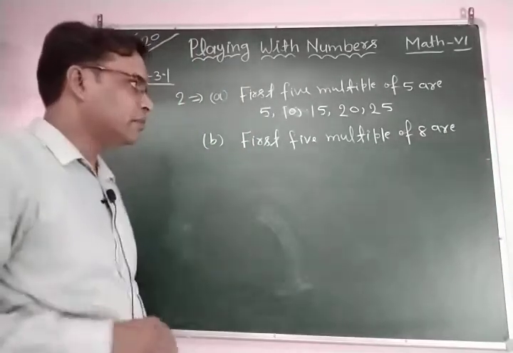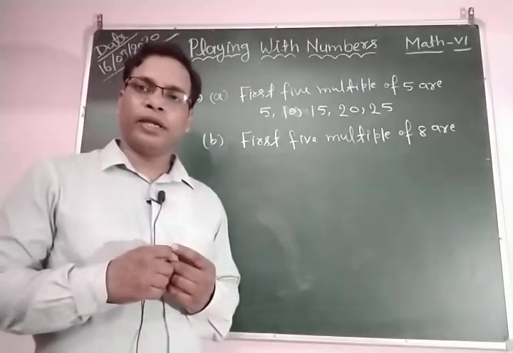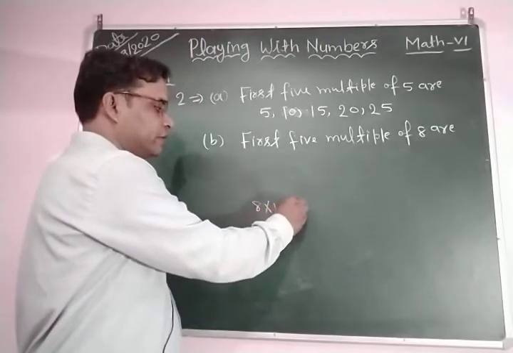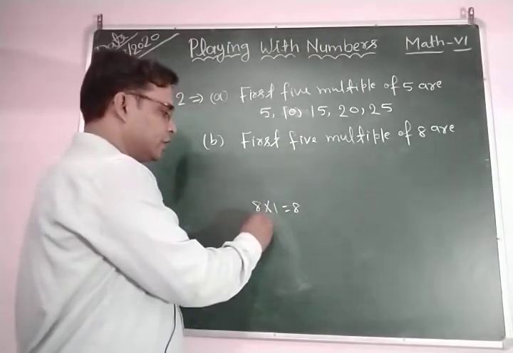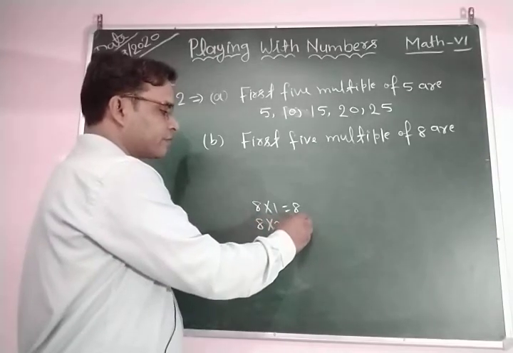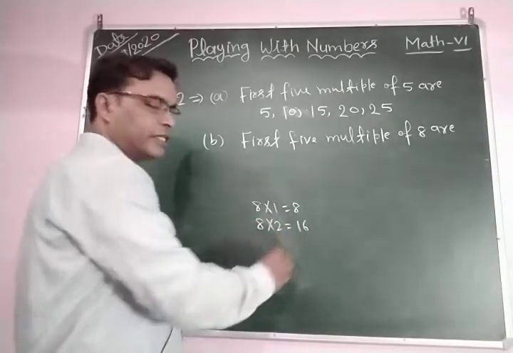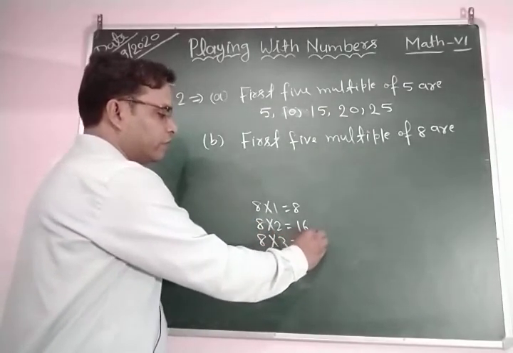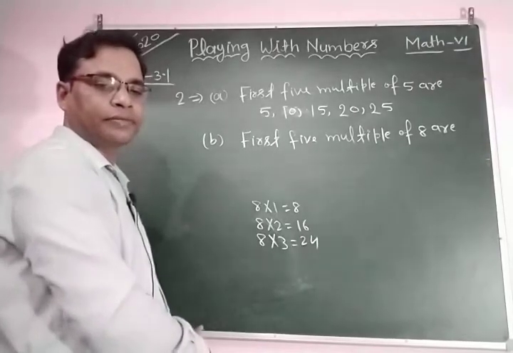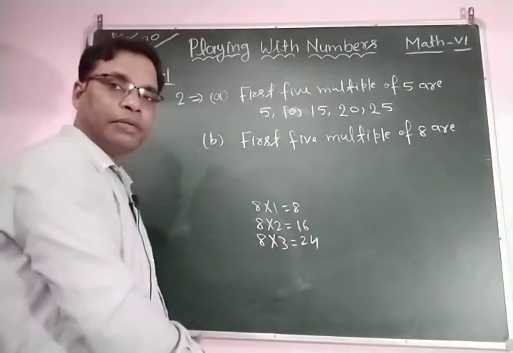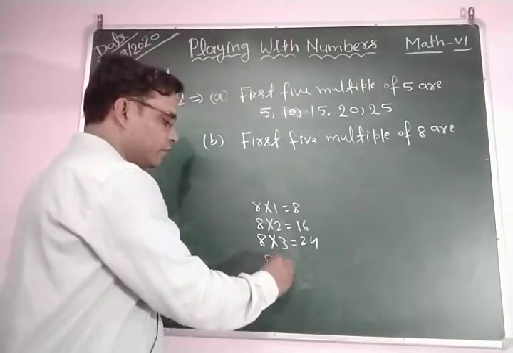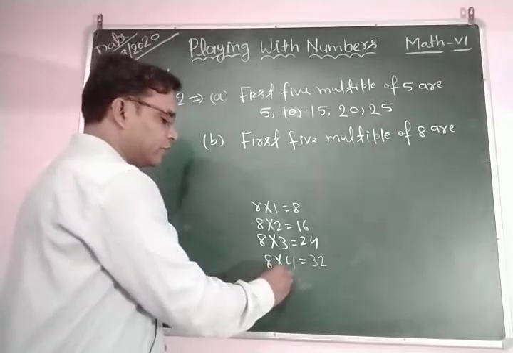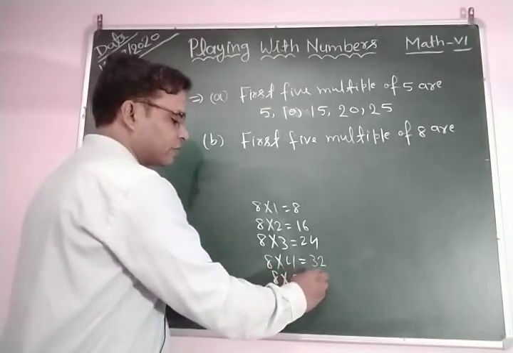We can find it by multiplying 8 by 1, 8 into 1. This is the first multiple, 8. 8 into 2 is 16, the second multiple of 8. 8 into 3 is 24, the third multiple. 8 into 4 is 32, the fourth multiple. 8 into 5 is equal to 40, the fifth multiple.